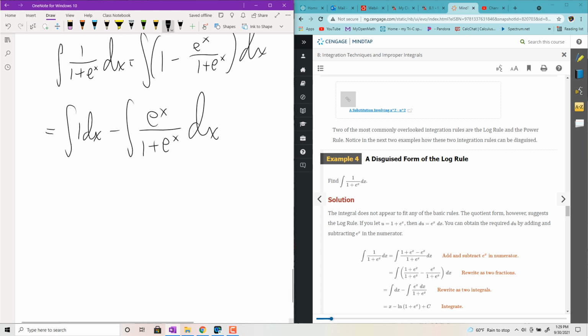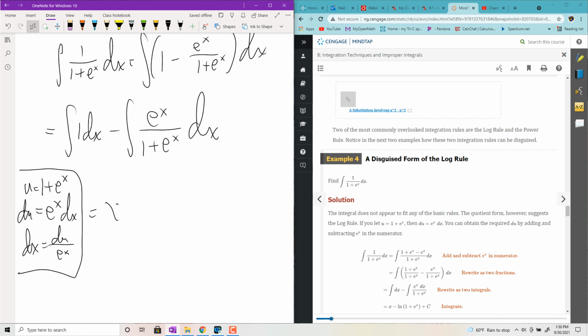Okay, so let's see. Let u be the denominator, because the derivative of the denominator is just the numerator. So you get dx is du all over e to the x. You get a nice cancellation. The first integral is just x, minus the integral of e to the x all over u times dx, which is now du over e to the x, and there you see it.